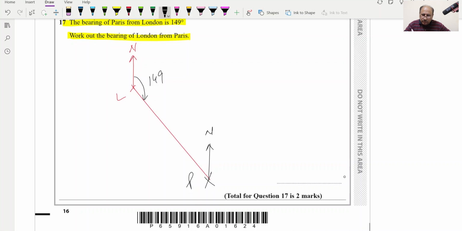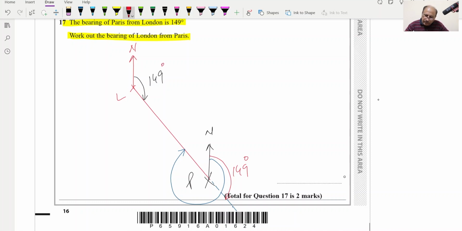So this will be north, and the bearing required is this whole angle. So what we can do, we can extend this line. If we extend this line like this, this much angle, I'll change the color so that you can understand, this much angle will be 149 degrees, same as this one.